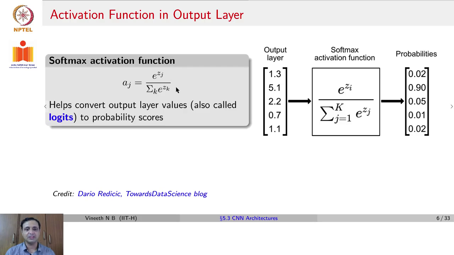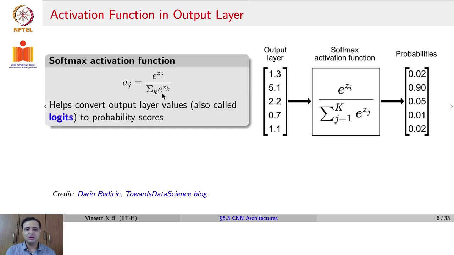What is the softmax activation function? Given Z1 to Zc in the last layer, let's say they are all the outputs of the C neurons in the last layer, the final output of the network is given by e power Zj divided by the summation over all the output neurons of e power Zk.